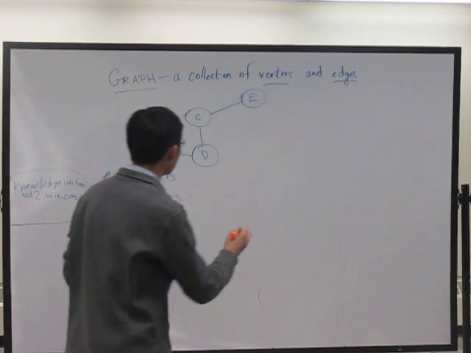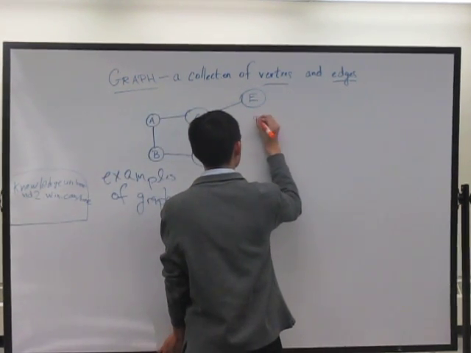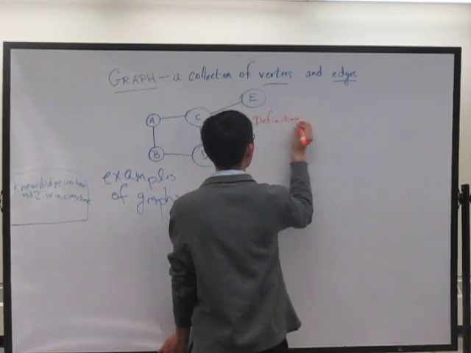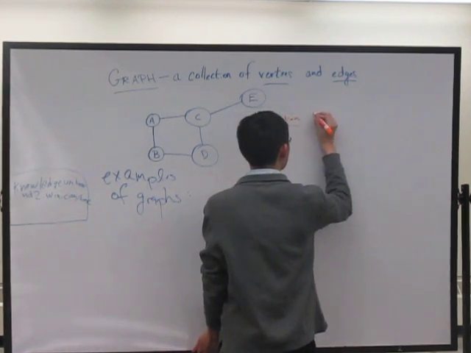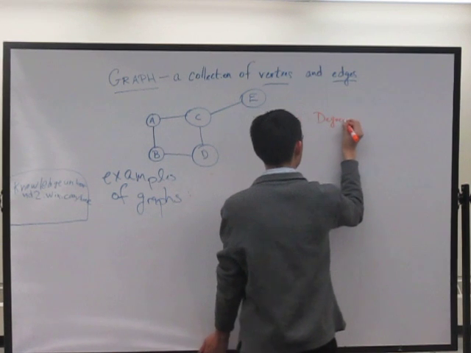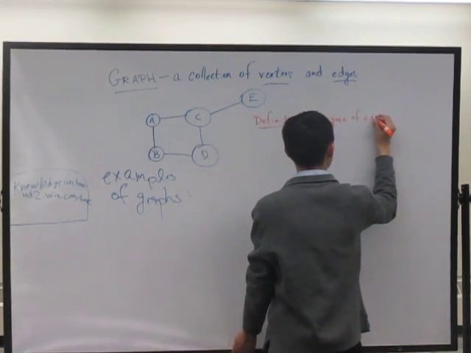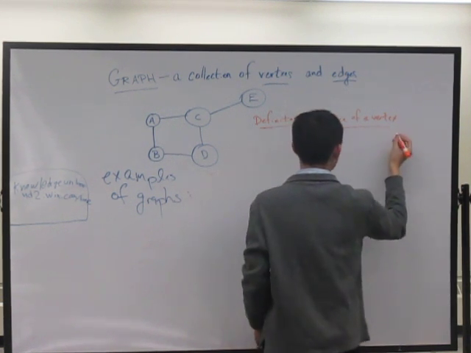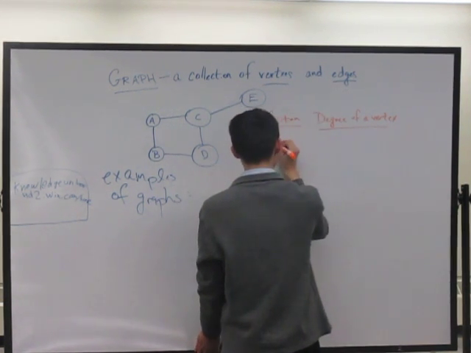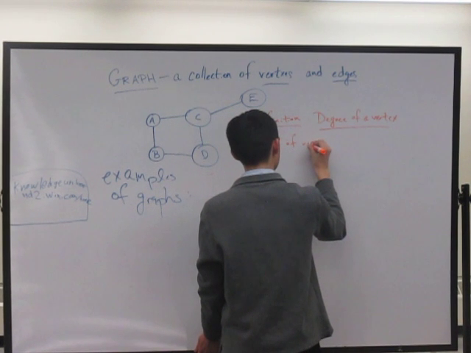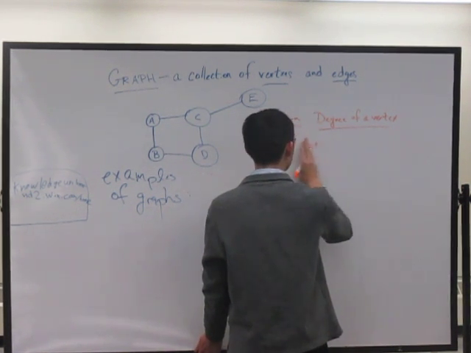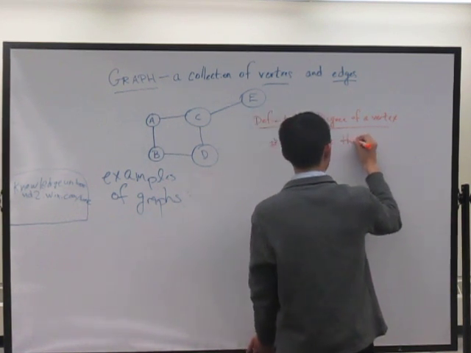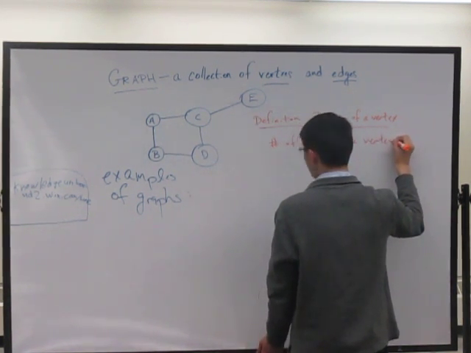Okay, so let me first give a definition. We know what a graph is, we know what a vertex is, we know what an edge is. So we're going to define the degree of a vertex. So what's the degree of the vertex? Well, this is easy. It's just the number of edges the vertex touches.